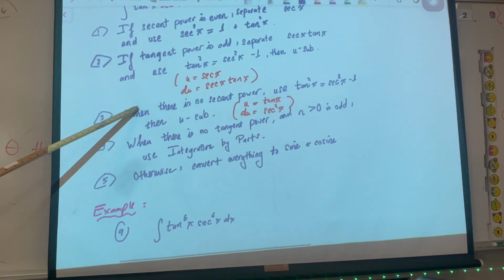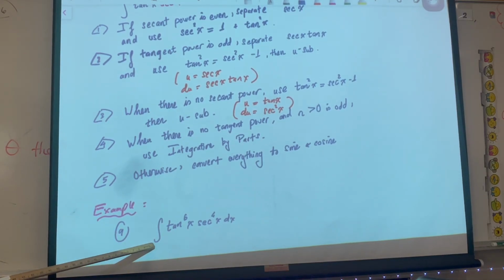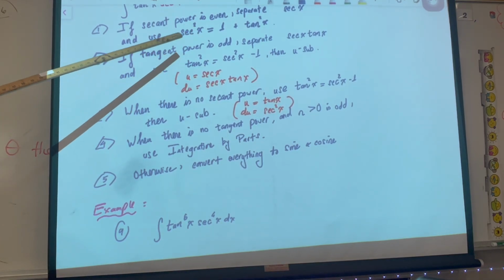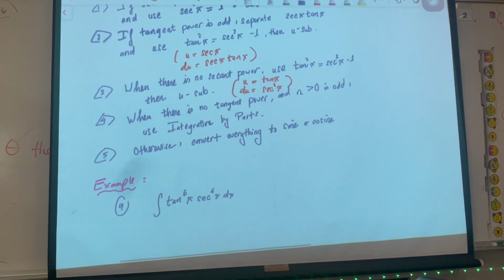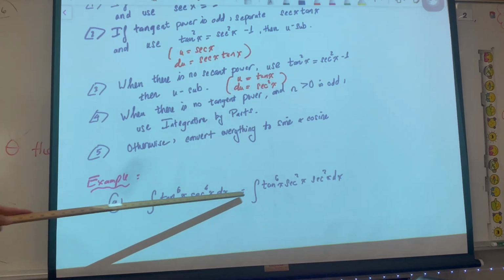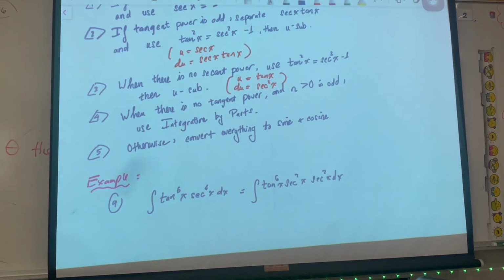This is still a trig integral. Case the first one, because the secant power is even. Now I'm gonna show you how this works. Separate secant square, so it becomes tangent 6 times secant square times secant square. Why? Because the derivative of tangent is secant square.